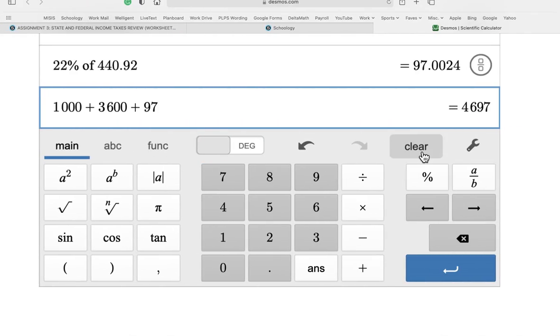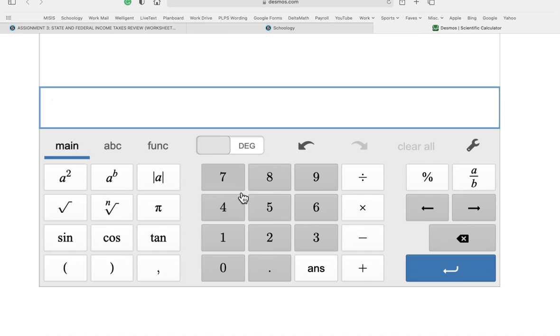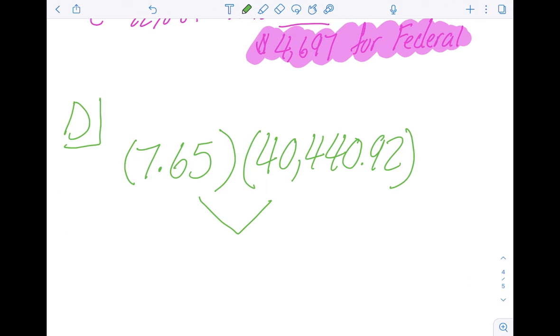Okay, so we're going to put that into the calculator, right? 7.65 times $40,440.92. Oh my gosh, look what I did. I'm glad I made that mistake here. Look, it's 7.65% of, let me move this out of the way here.